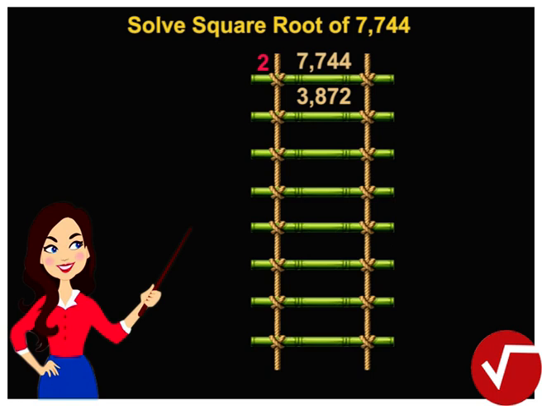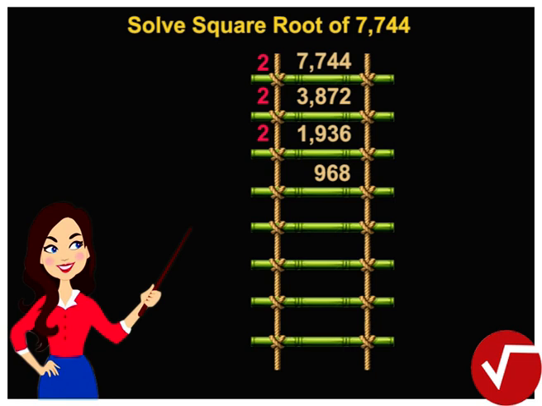This quotient can be exactly divided by 2 and gives quotient 1936. We will write this quotient at the next bottom step of the ladder. 1936 can exactly be divided by 2 again and gives quotient 968. We will write 968 exactly below 1936 on the ladder.